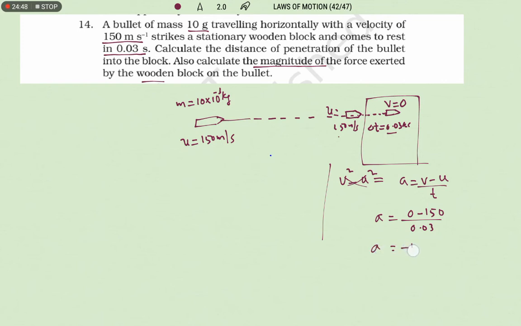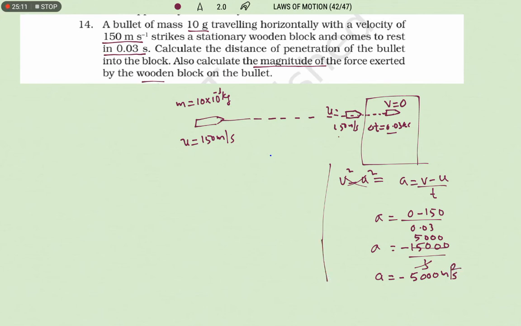So a equals minus 15,000 by 3. So acceleration, that means retardation, is equal to minus 5000 meter per second square.